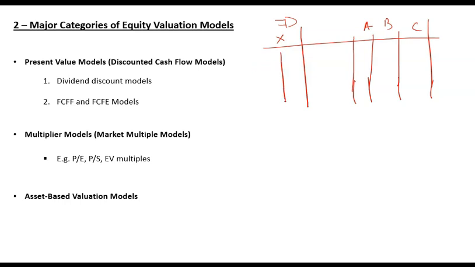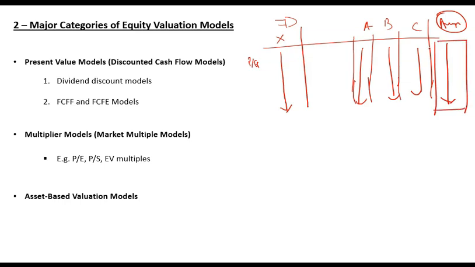So you will get a series of PEs. Find out the same for the competitors and take the average of competitors. So you will have a past average. This is how the industry has traded over the past, and this is how the company has traded over the past.